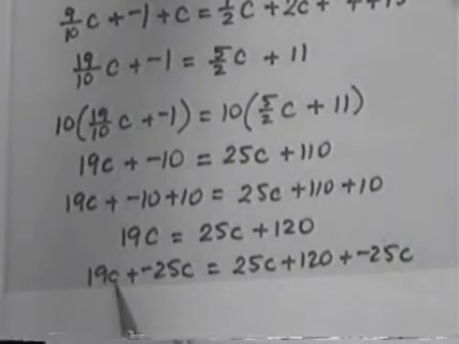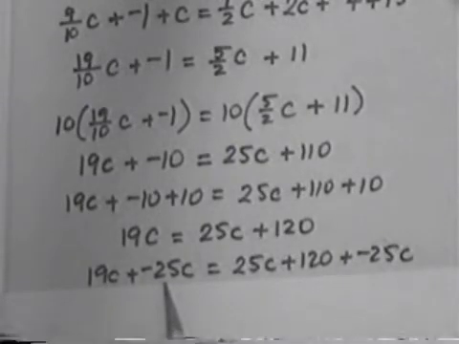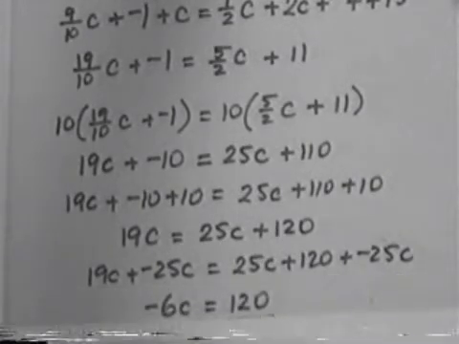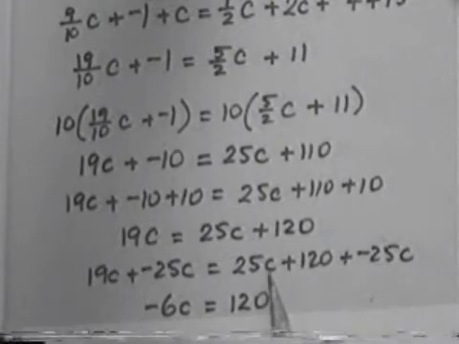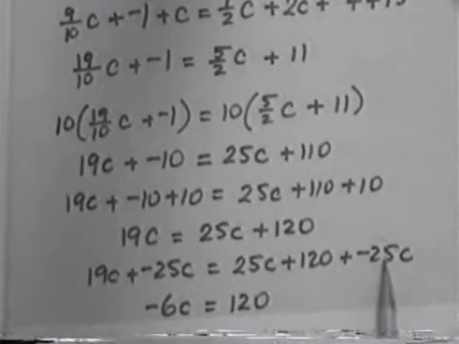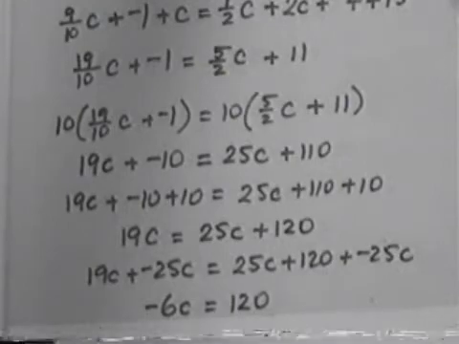On the left, we can combine the terms. 19 plus negative 25 is negative 6, so that gives us negative 6c. On the right, the 25c plus negative 25c adds up to 0, so they in effect cancel, leaving us 120. So we've sorted the laundry.